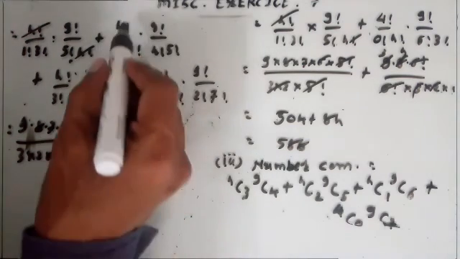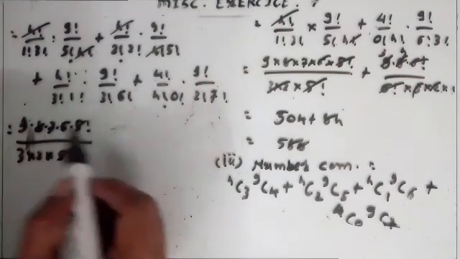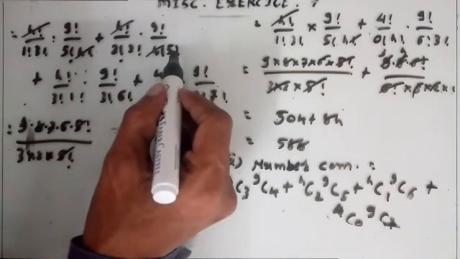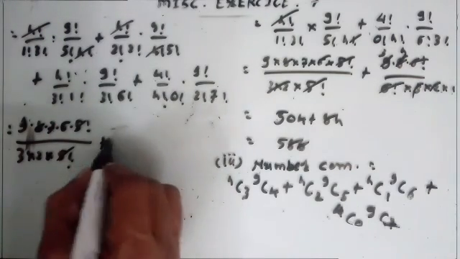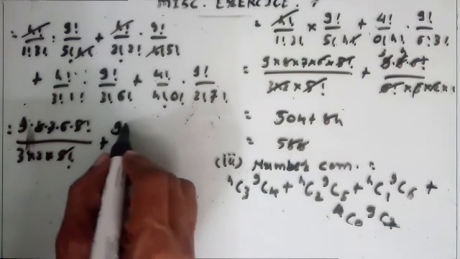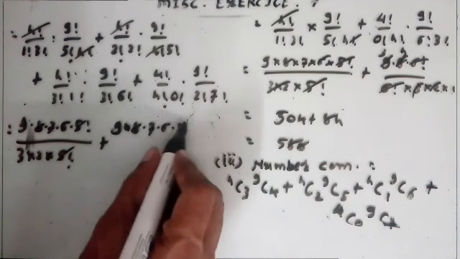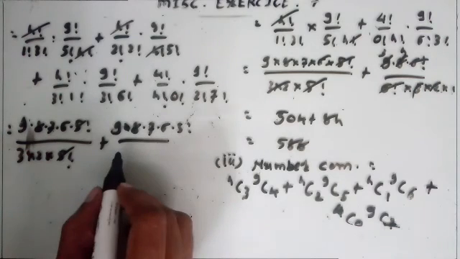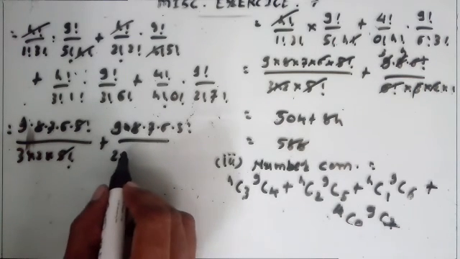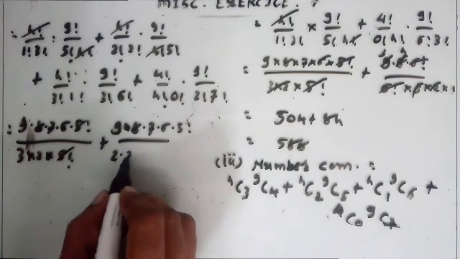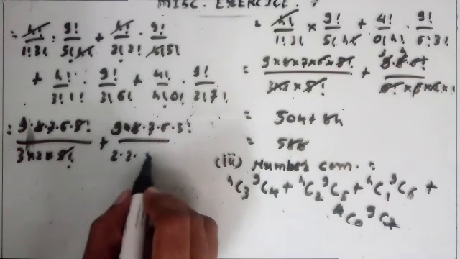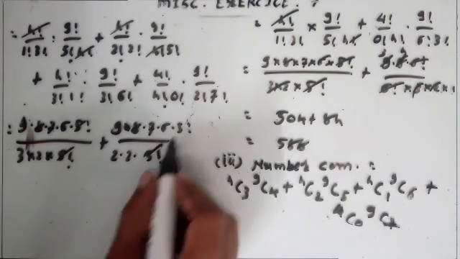Similarly here 5 factorial cancels, expand 9 factorial up to these terms, plus 9, 8, 7, 6, 5 factorial upon 2 factorial, that is 2 into 1, into 5 factorial, and 5 factorial cancels from both.